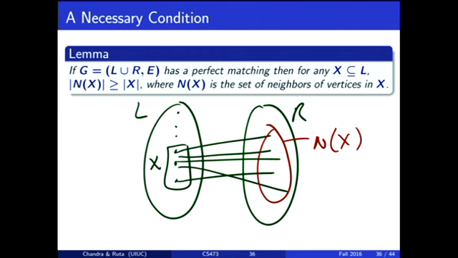So now the question is, if there is no perfect matching, can you always show such a simple certificate? Or conversely, if for every subset of vertices X on the left hand side, the neighborhood of X is at least as big as X, is it true that the graph has a perfect matching?